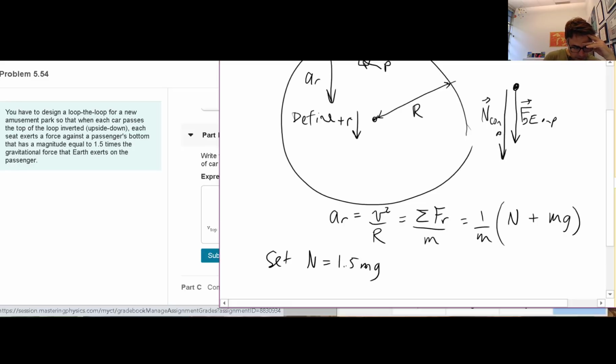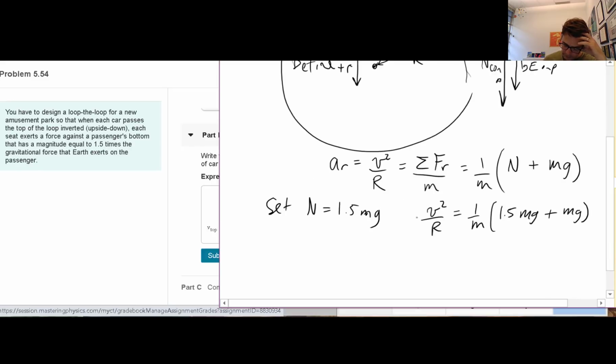Because it says each seat exerts a force against the passenger's bottom with a magnitude equal to 1.5 times the gravitational force that the Earth exerts on the passenger, which is mg, so 1.5. So you say that v squared over capital R equals 1 over m times 1.5 mg plus mg.